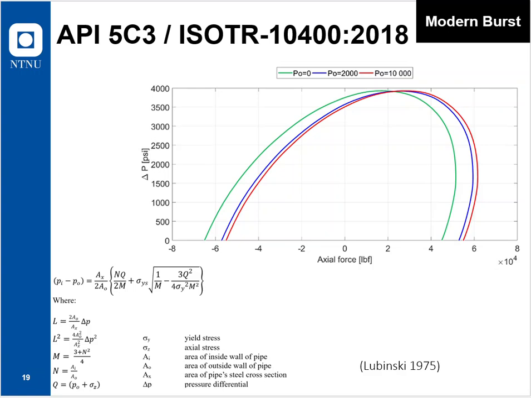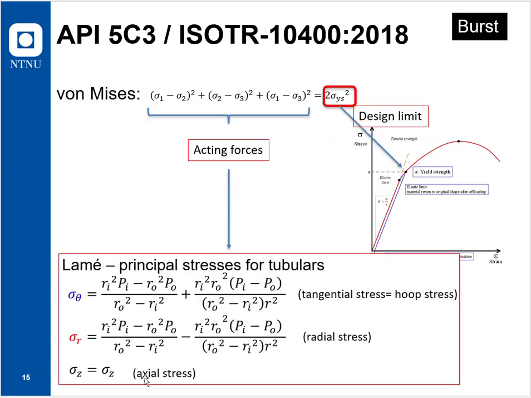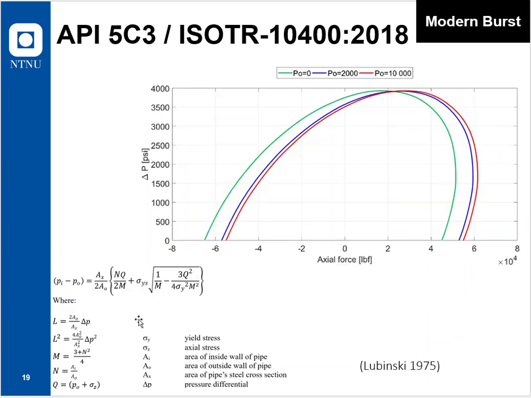Basically, that's what Lubinski did: he took the von Mises and inserted the principal stresses, and out comes a graph like this.